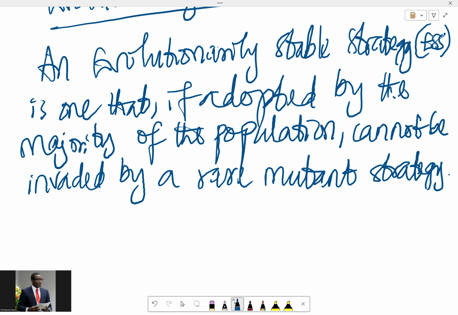So you can see it as a dominant strategy, basically. That's the summary of that.